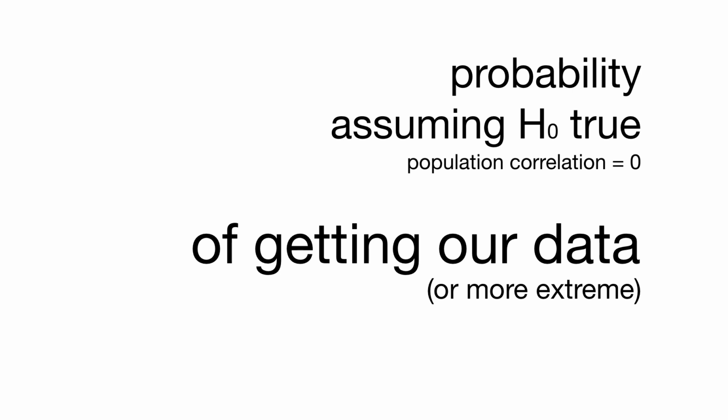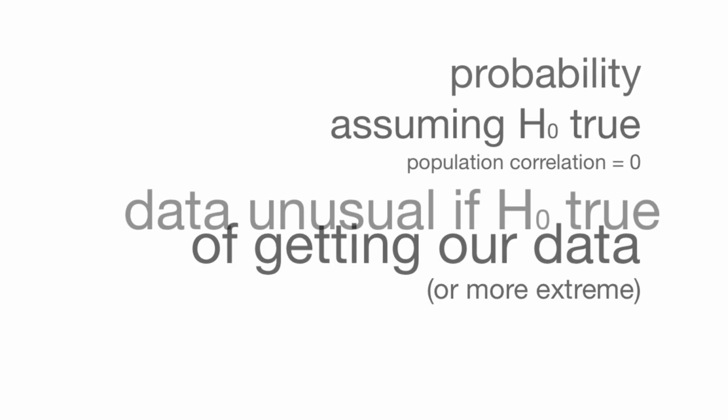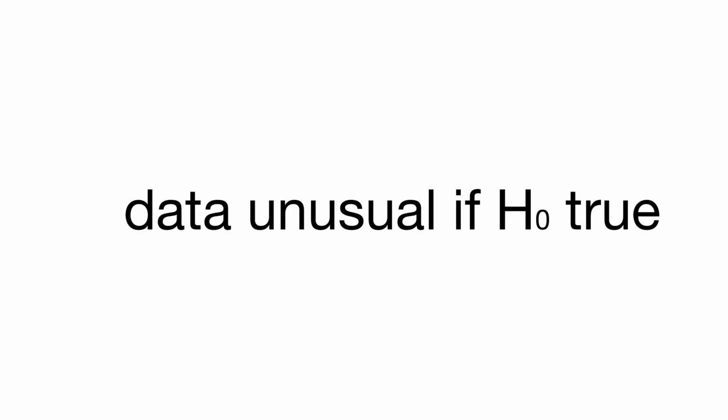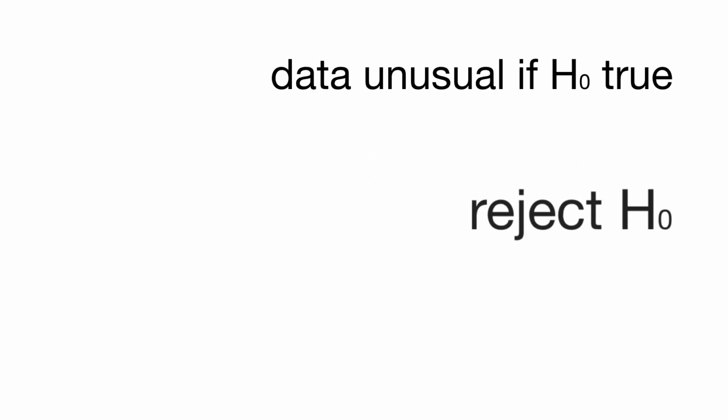How rare or how common would our data be if the null hypothesis was true? If the population correlation is 0, what proportion of the time would you get a sample correlation such as we did? If it would be unusual to get our data were the null hypothesis to be true, then we could reject H0 as our explanation for our data.